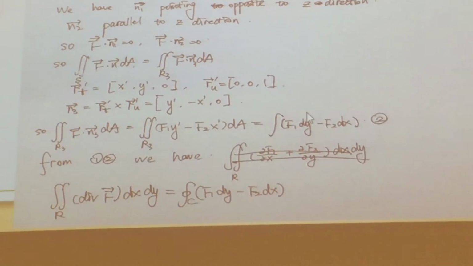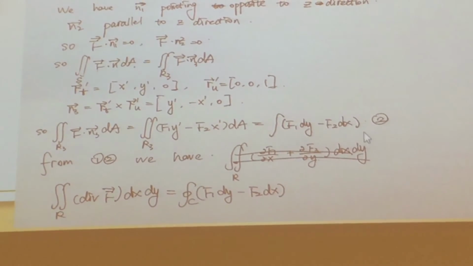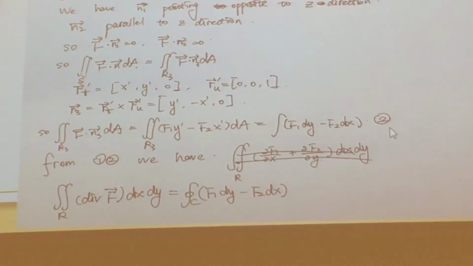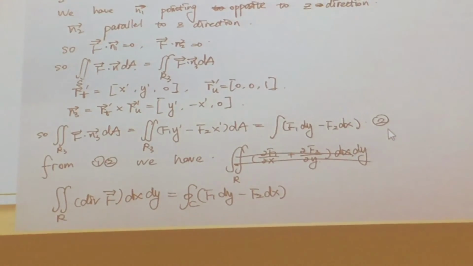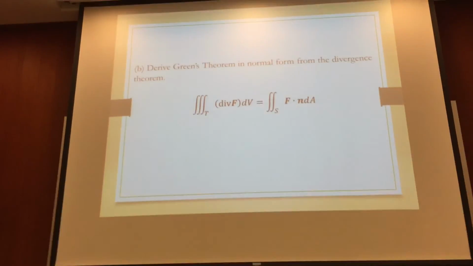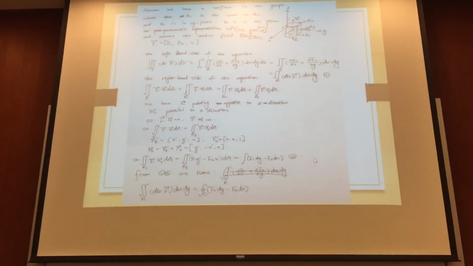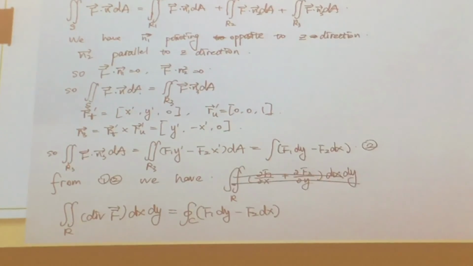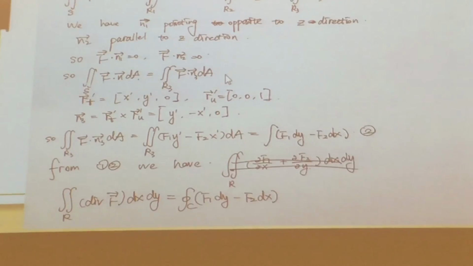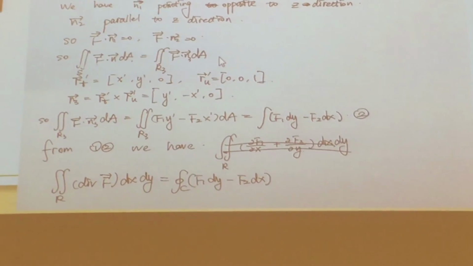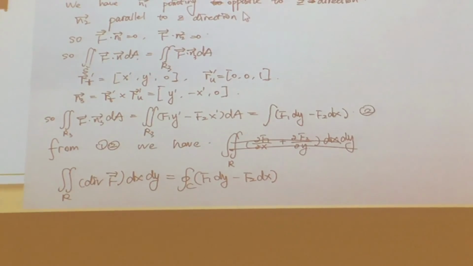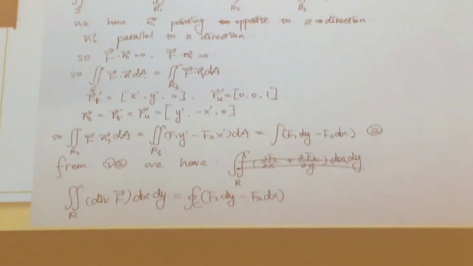We can easily have equation 2 here, and from equation 1 and equation 2 and the previous equation of the divergence theorem, we can easily have the answer at the bottom. It's just the normal form of Green's theorem. Thank you.